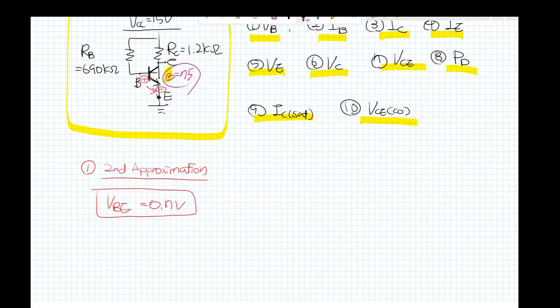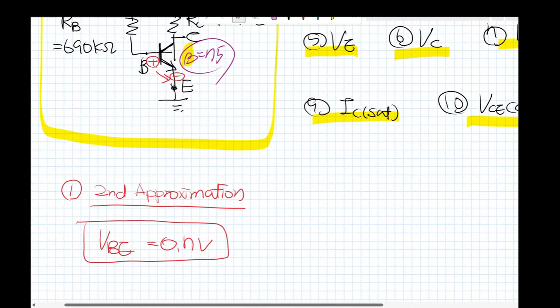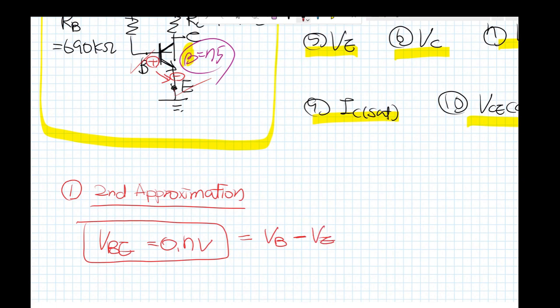Are you agree with me? But V sub BE means V sub B minus V sub E, because the definition of voltage is the potential between two points.